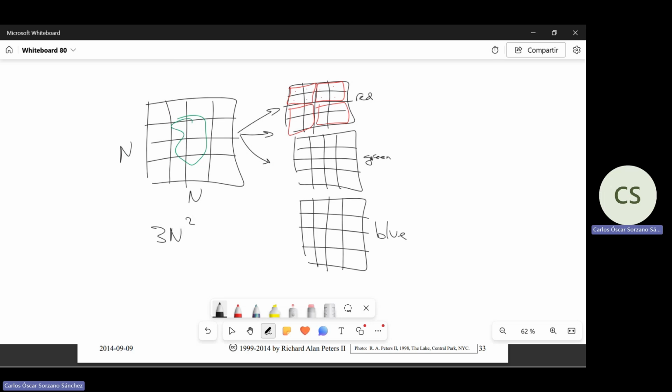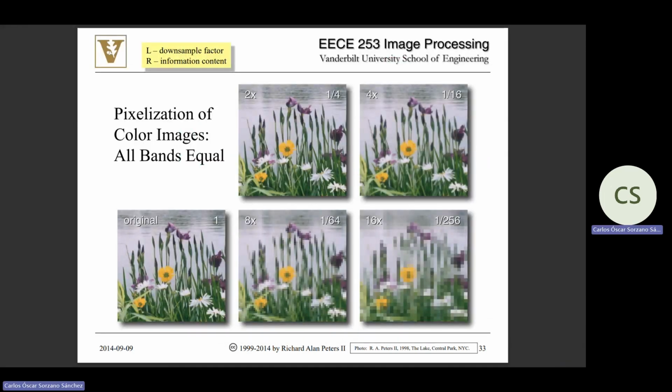Now here you would have n half times n half, and here you have n squared, n squared. So in total you have 2n squared plus n squared divided by 4. So you have fewer numbers, so you have less information. Very good. So we will do that.